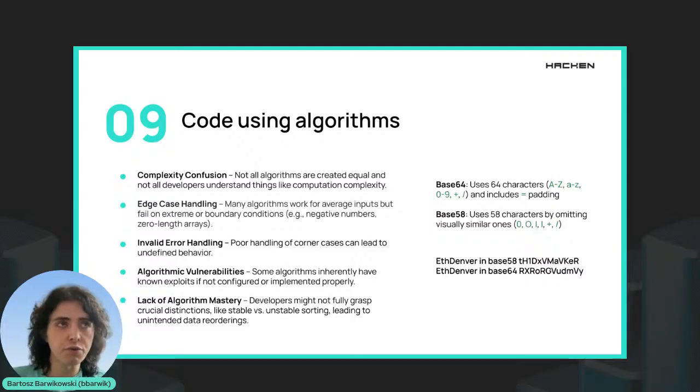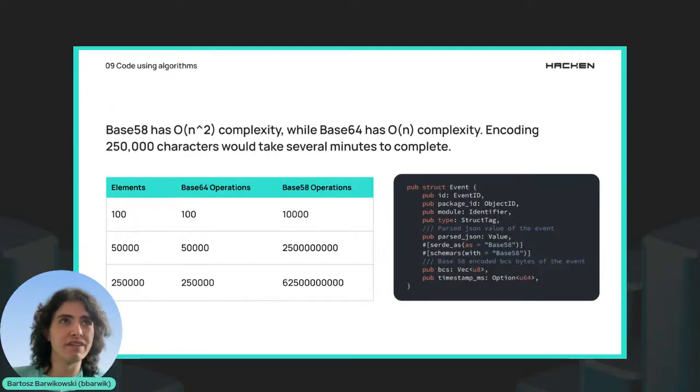And it's true, but it's only true for base64. In the case of base58, the complexity is not linear. The complexity is actually n squared. So the number of operations grows a lot with the size of the input.